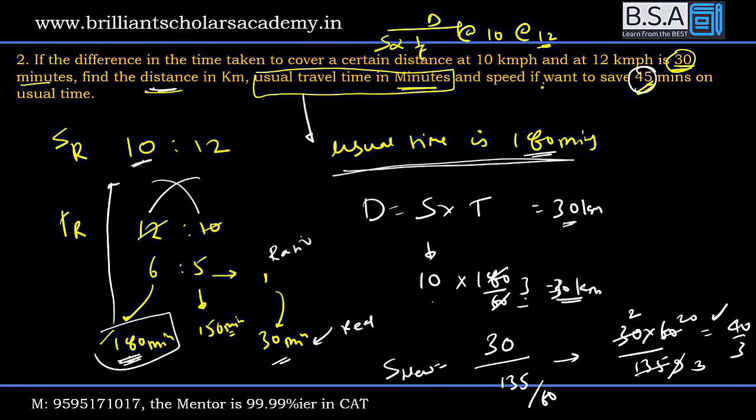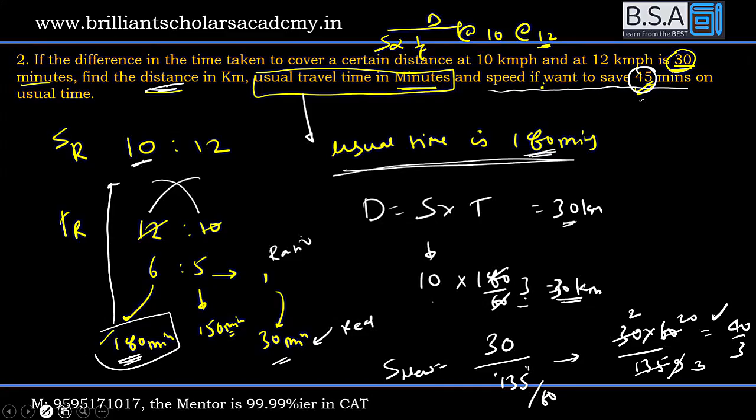What is the distance traveled? 30 kilometers. Or third part, what was the third part? I want there to be 45 minutes का saving. So 180 minutes is the normal time. 45 minutes saving means 135 minutes. So distance upon time is equal to speed.